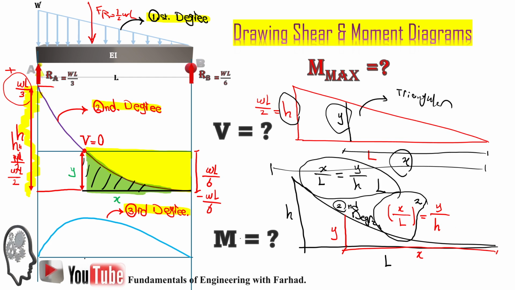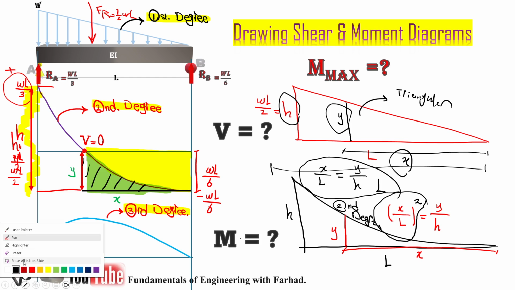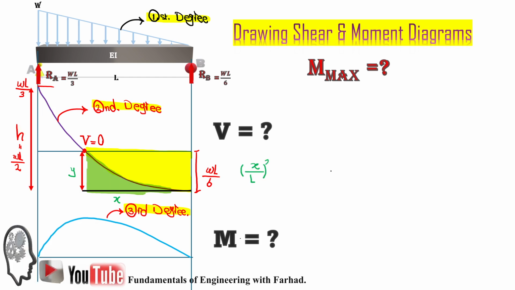That's the only difference we have in comparison to a triangular shape. So with the same logic, we have x over L squared is equal to y over h for our greenish area here.